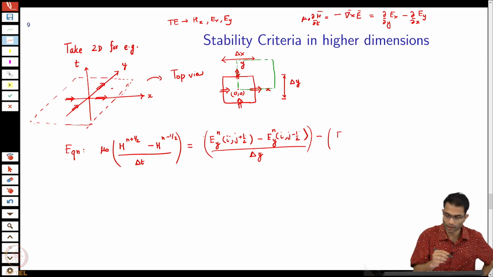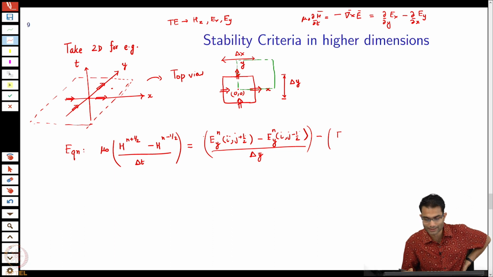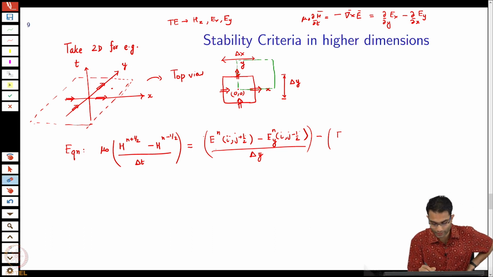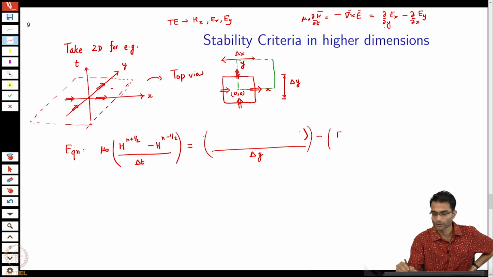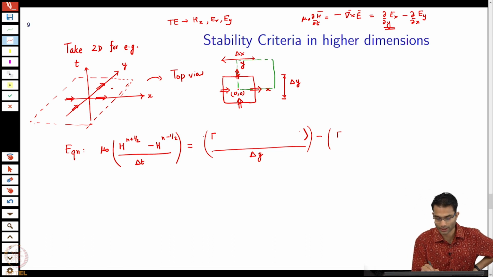Okay. Now are our expressions correct? So the first one is Ex partial derivative with respect to y. So then this expression that I have written is incorrect, right? This is x. Okay, let's start from scratch over here once again. This time we shall get it right. Okay. This is the first term we are looking at, Ex partial derivative with respect to y. So this is Ex. What is the location? So I am subtracting this and this, right.